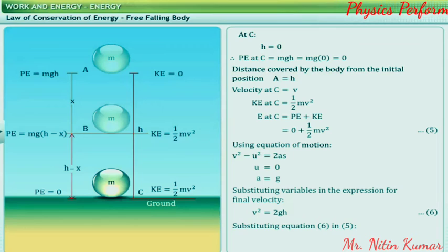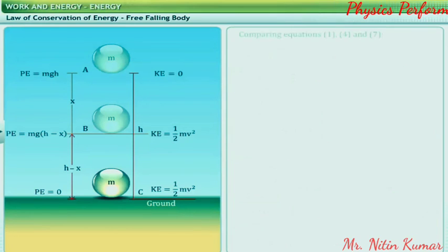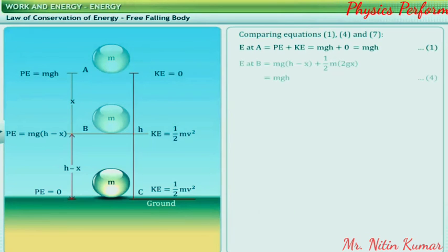Let this be equation 6. Substituting equation 6 in equation 5 and simplifying, you get the total energy at C equals mgh. Thus, the total energy at C is again equal to the total energy at A. Let this denote equation 7.